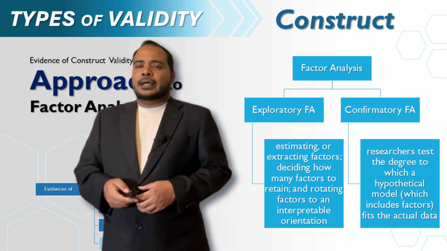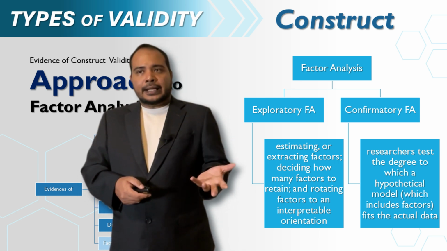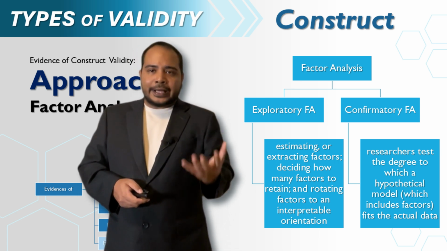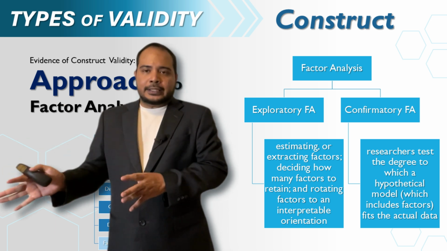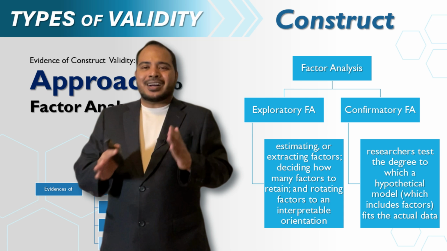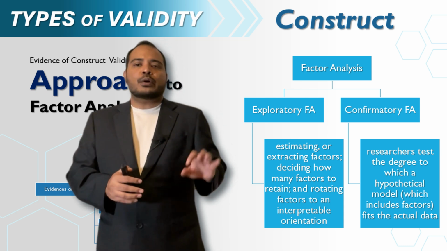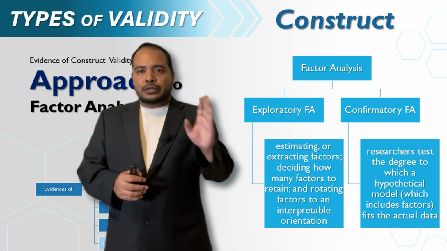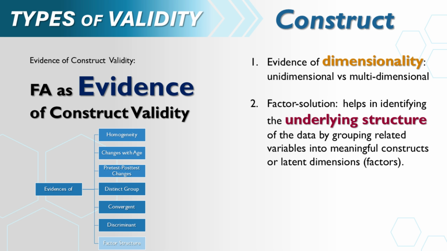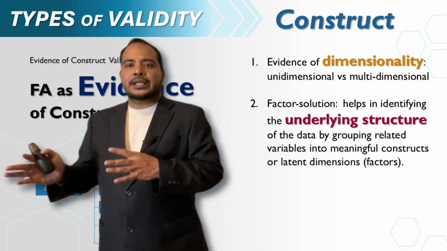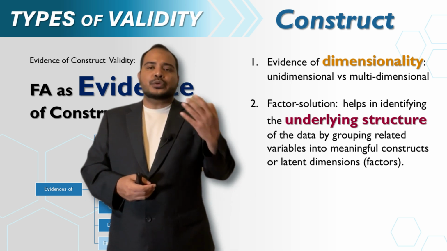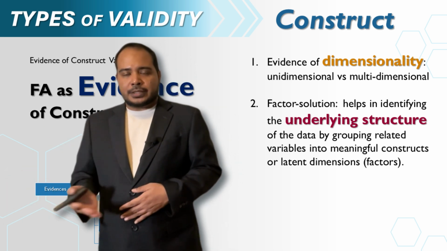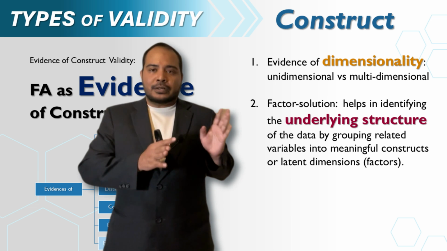So when we conduct factor analysis, we would like to find evidence of whether the data we gather really show consistency with how it was conceptualized. The first evidence from factor analysis that we would like to gather is dimensionality, whether the data show that it is unidimensional or multi-dimensional, based on how it was conceptualized.